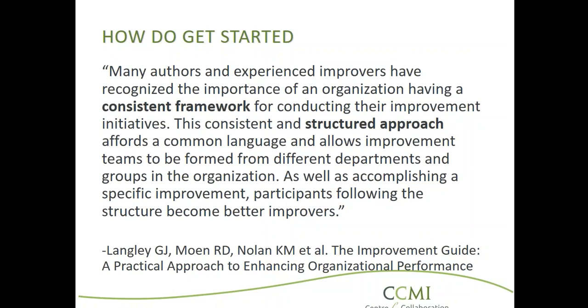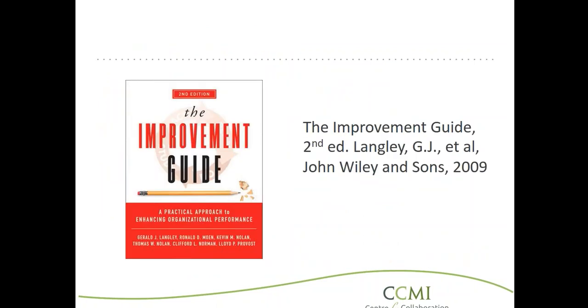I mentioned this a little bit earlier about this common language, and we have to have a way of talking about quality improvement the same way so that we're all using the same processes, using the same tools, and not either duplicating work or missing each other because we're using different approaches. I would recommend to everyone that part of getting started in your quality improvement journey is to read the Improvement Guide.